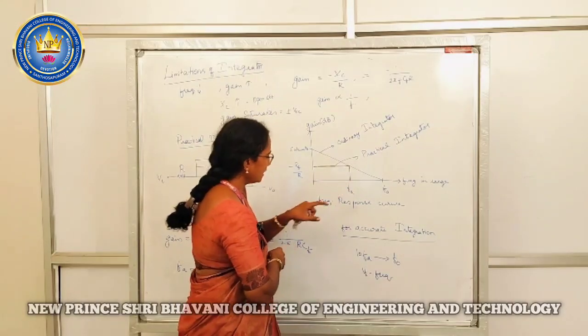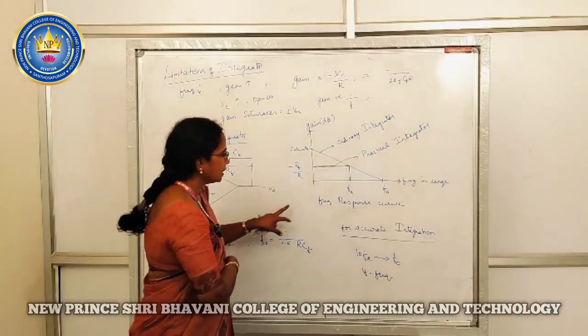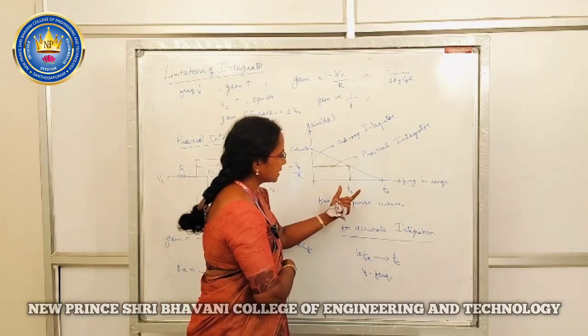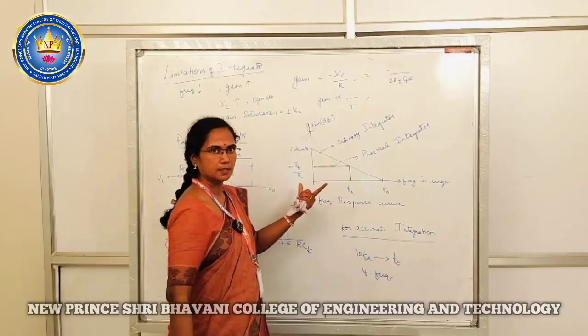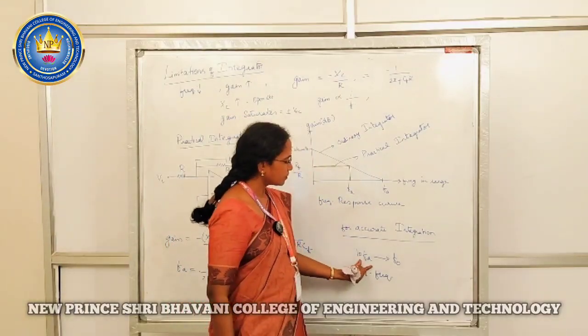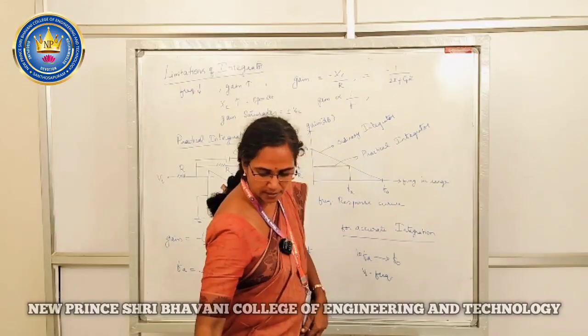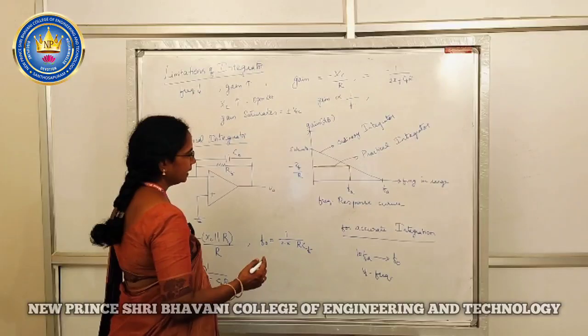This Fa is decided, as I said, by 1 by 2 pi Cf Rf. The range where we get 100% integration is from 10 times Fa onwards; Fa and Fo we have already calculated.